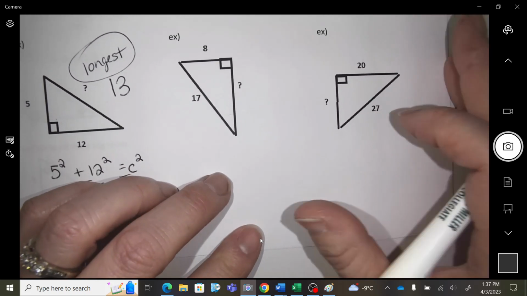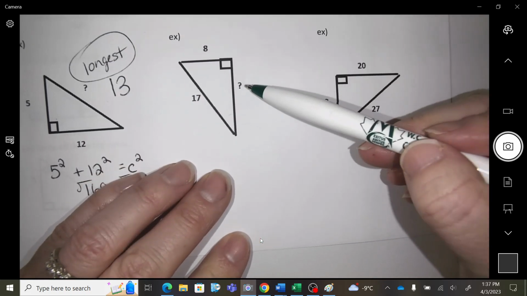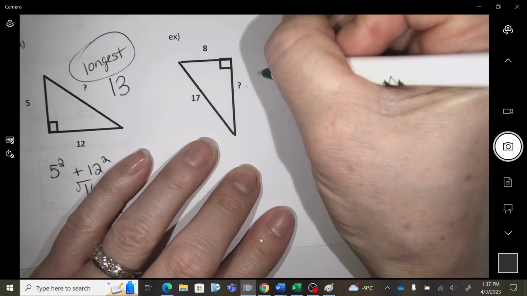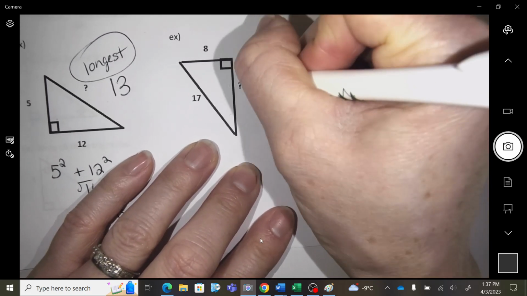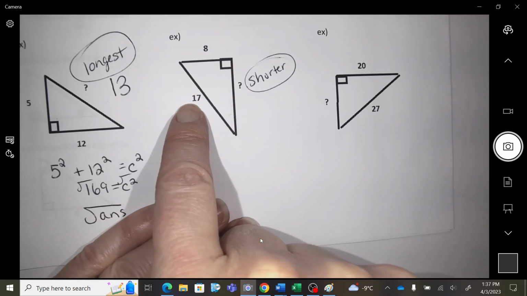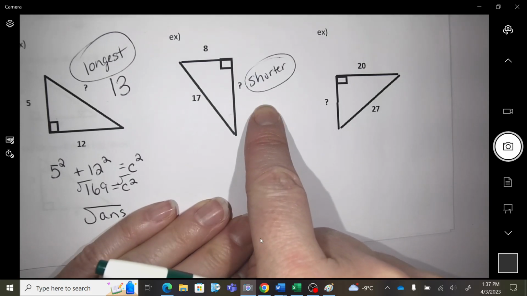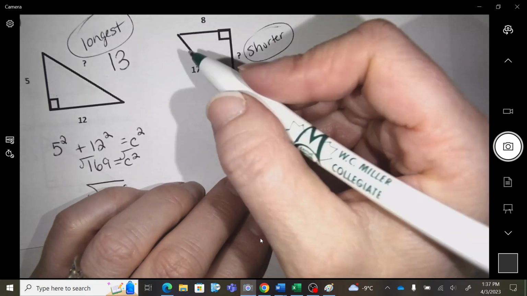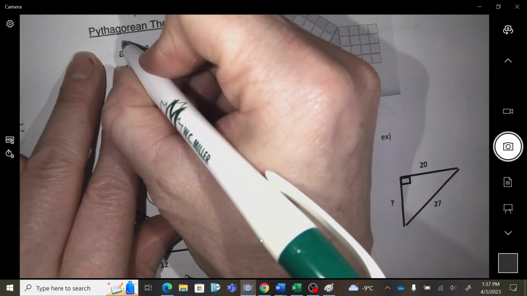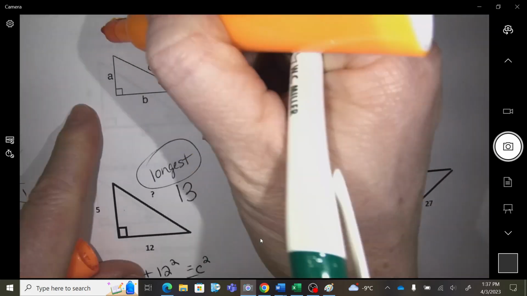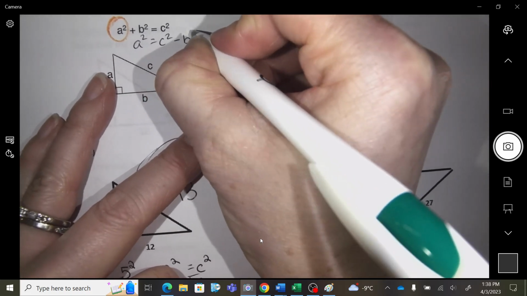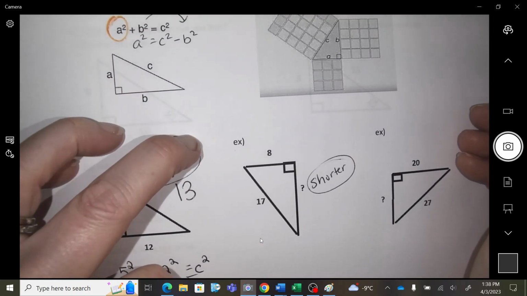Okay, the next question. Is this side the longest side of the triangle or one of the shorter sides? It's one of the shorter sides, because across from the 90 is the longest. So this is going to be different. To find a shorter side, I'm now going to move this formula around, and let's pretend I want to find A. If I want to find A, I would move that over.